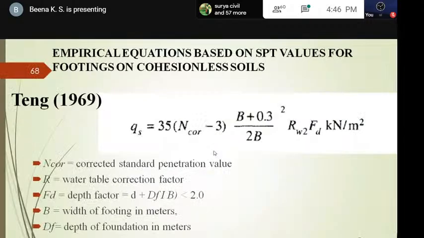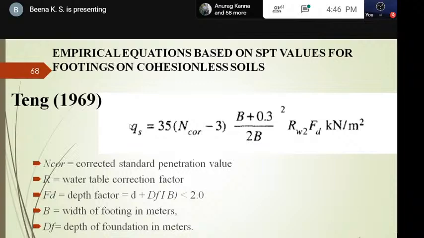Now the empirical equations based on SPT values for footings on cohesionless soil. This is the equation developed by Teng. Actually, footings on granular soils are sometimes proportioned using empirical relationships.